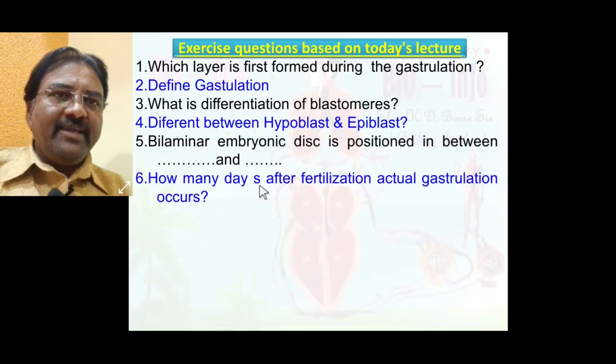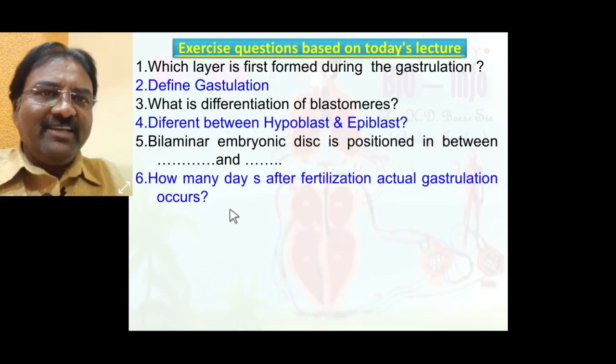How many days after fertilization does actual gastrulation occur? Yes, 15 days.